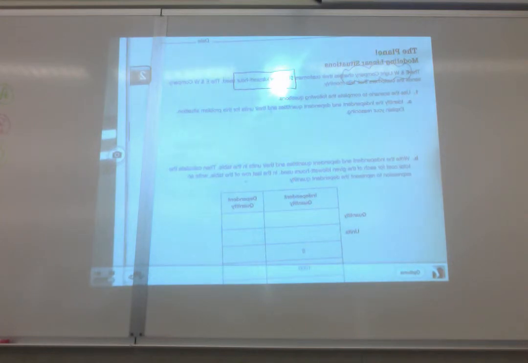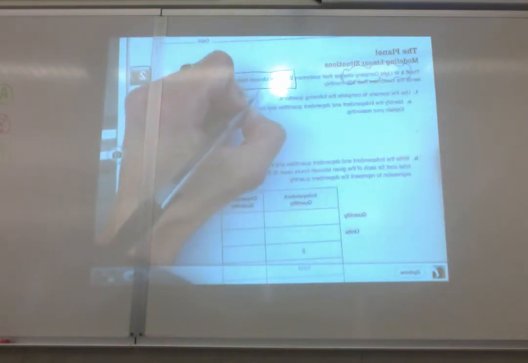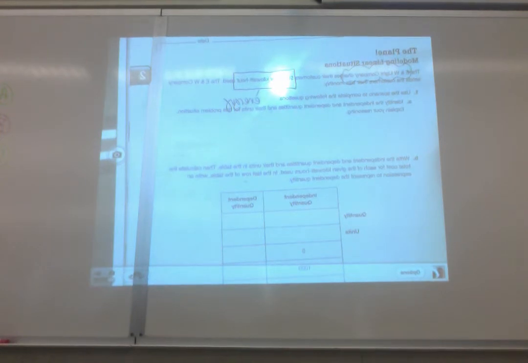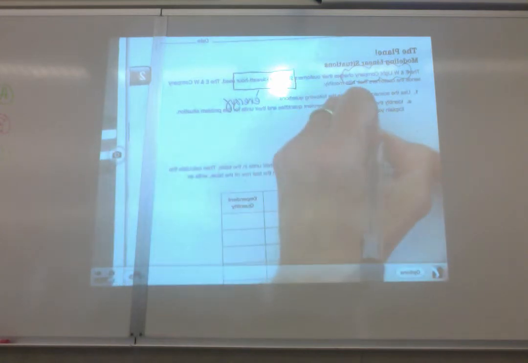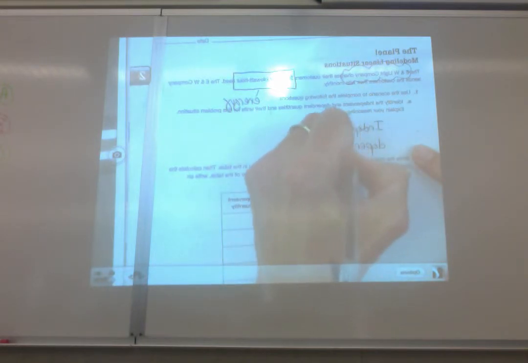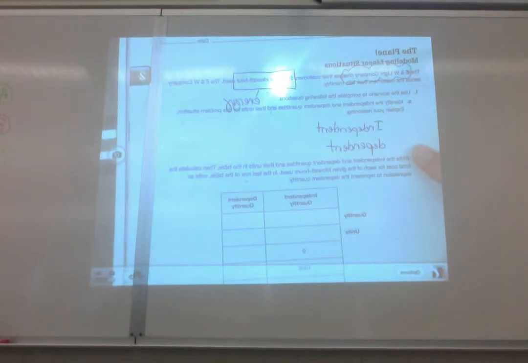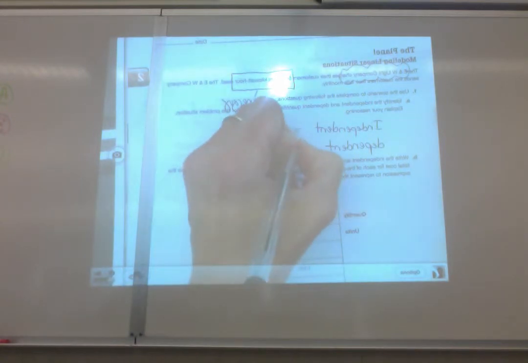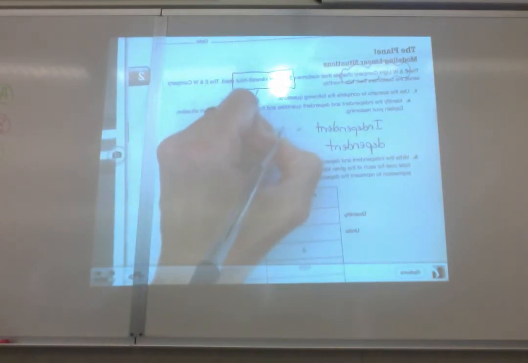Anybody know what kilowatt hours measures? Energy. Electricity. Usually that's how you pay for electricity. So, independent, dependent. If somebody's charging you for something, what? Independent is the time, and the dependent is the price.